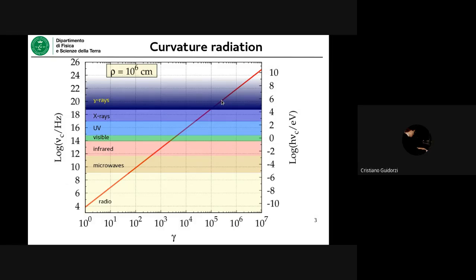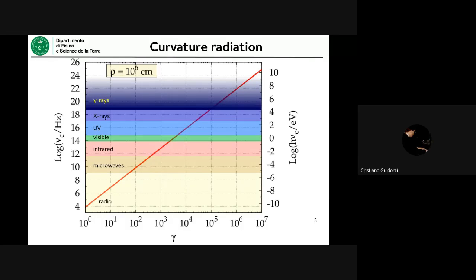And that's indeed what we observe in the so-called lighthouse effect of pulsars. Imagine the pulsar is spinning with the magnetic field axis not aligned, having a different orientation with respect to the rotation axis. So at the very moment in which the magnetic axis is pointing towards you, you will see radiation.